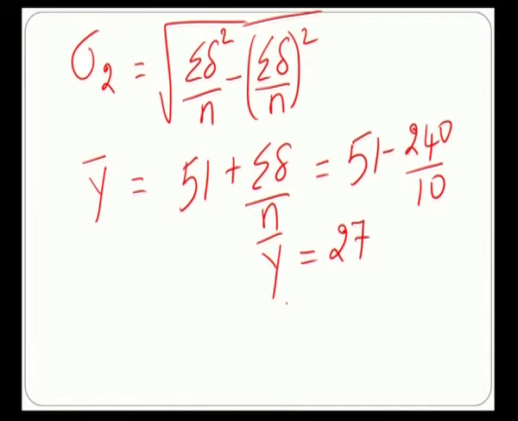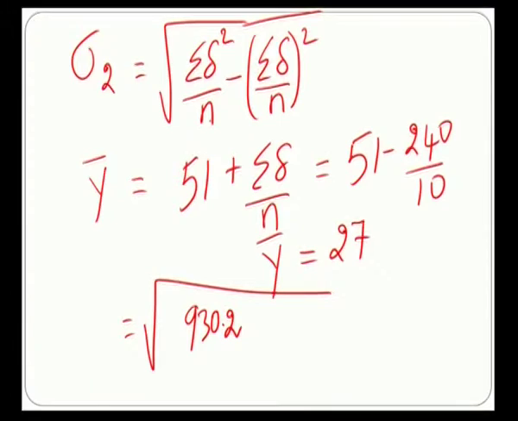Now, compute the standard deviation for batsman B. That standard deviation is equal to square root of 9302 divided by 10, you got 930.2 minus 24 the whole square, which gives the value of 18.8.